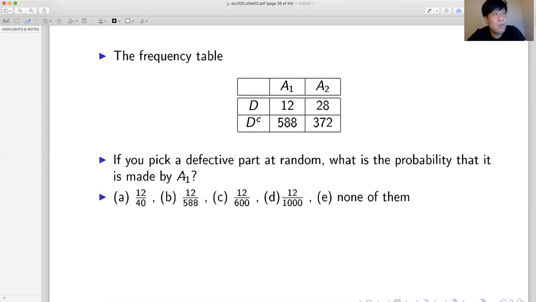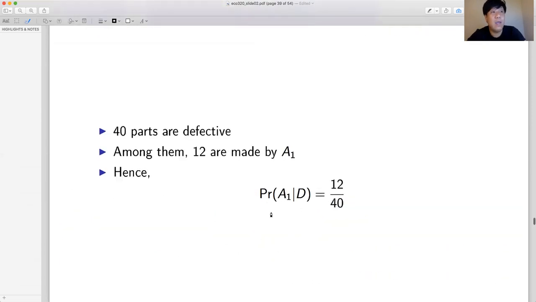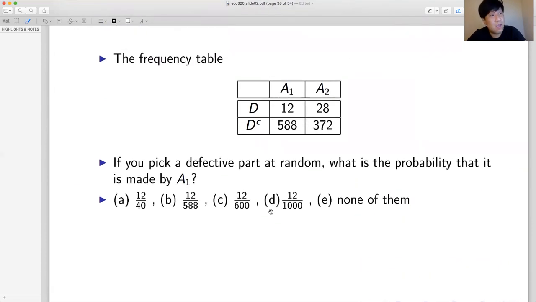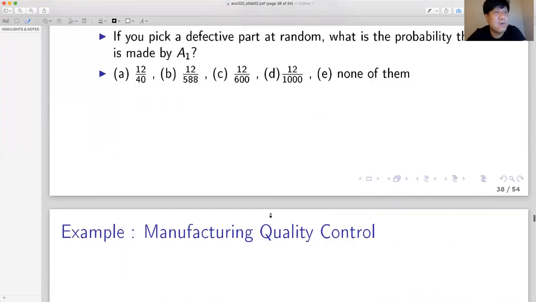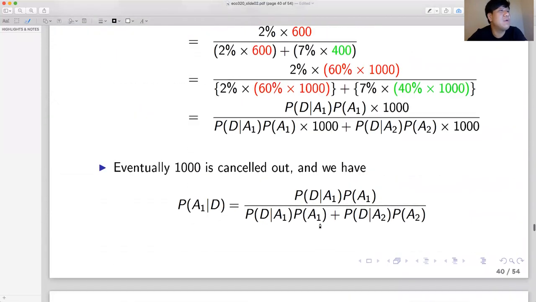The probability of A1 given defective is the probability of A1 intersection D over the probability of D. So when you do the math, you do get this one, okay? If you saw it so quickly, go back to your video, pause, and see whether you get the same answer, okay? So these are some of the examples.